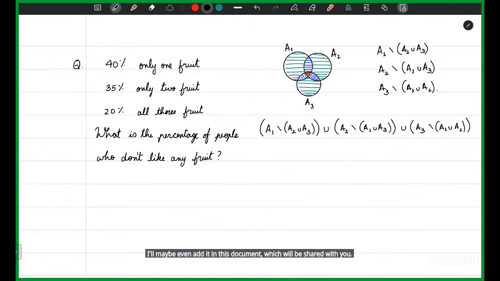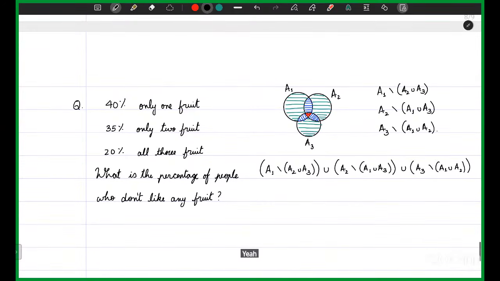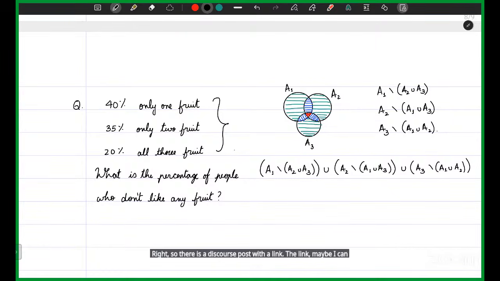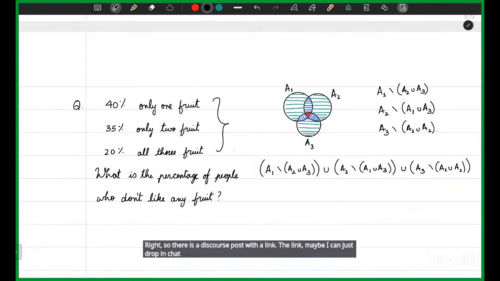Yes, sir. We are yet to receive the documents that were discussed in lectures 1 and 2. There is a discourse post with the link. Maybe I can just drop it in the chat, or what I'll do is ask for it to be added in the supplementary content of the portal page itself.